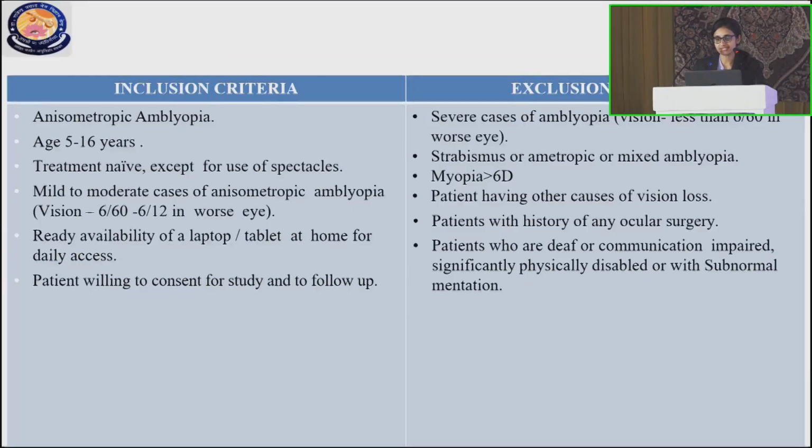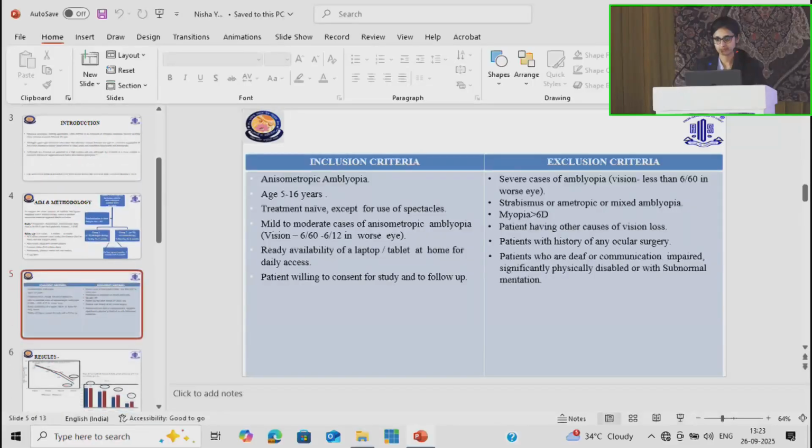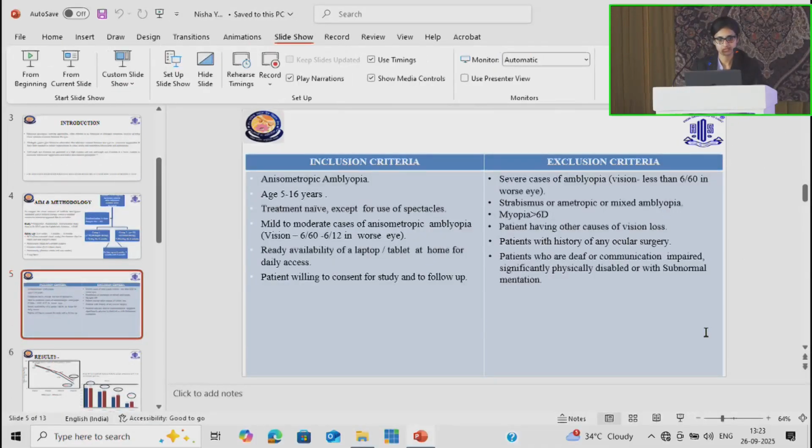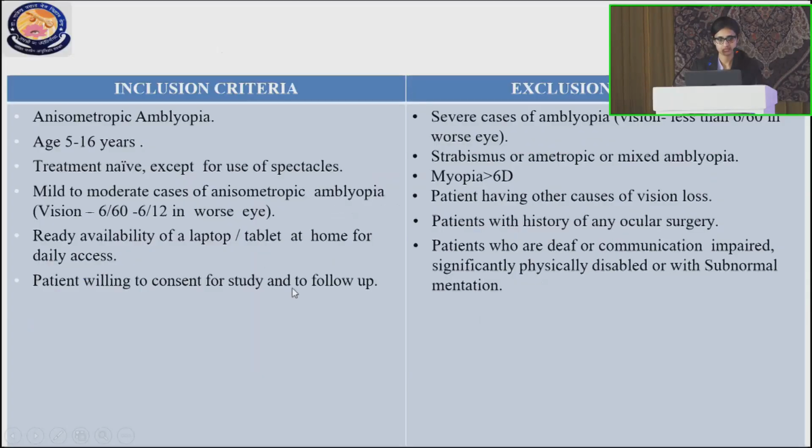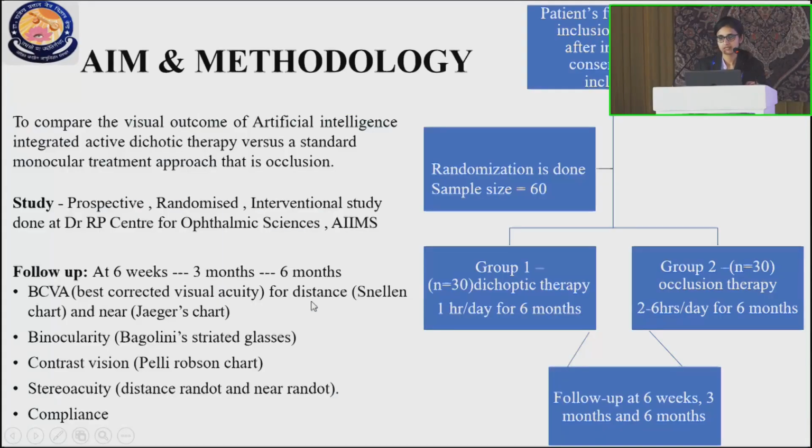After the patients were selected, randomization was done and two groups were created. The first group received dioptic therapy for 1 hour per day for 6 months, and the second group received occlusion therapy for 2 to 6 hours per day for 6 months.